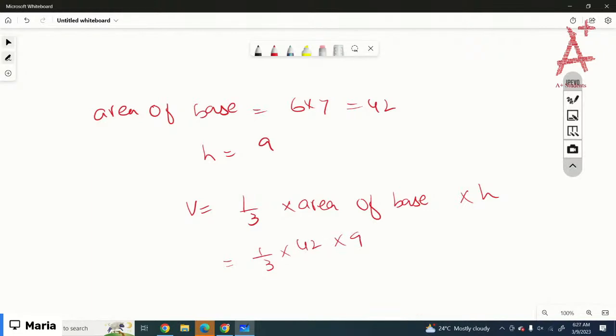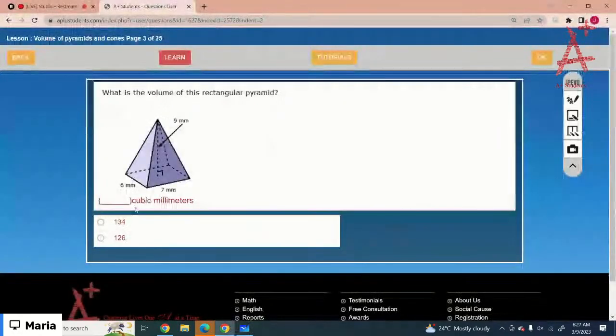So let's just calculate the value. 42 times 9 is 378, and 378 divided by 3 is 126. That means the volume of the rectangular pyramid is 126 cubic millimeter. The correct option is 126.